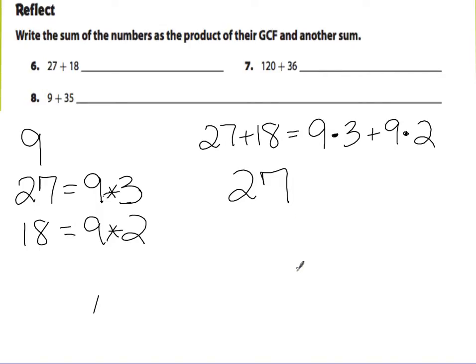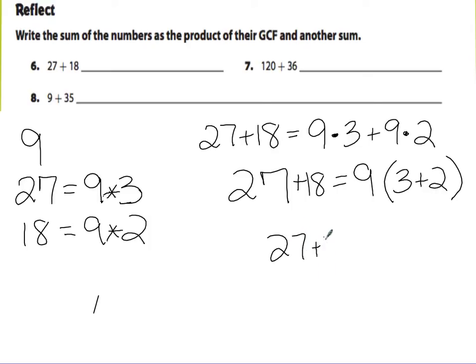Then I can say 27 plus 18 is the same thing as 9 times (3 plus 2). So then I can also say that 27 plus 18 is the same thing as 9 times 5.